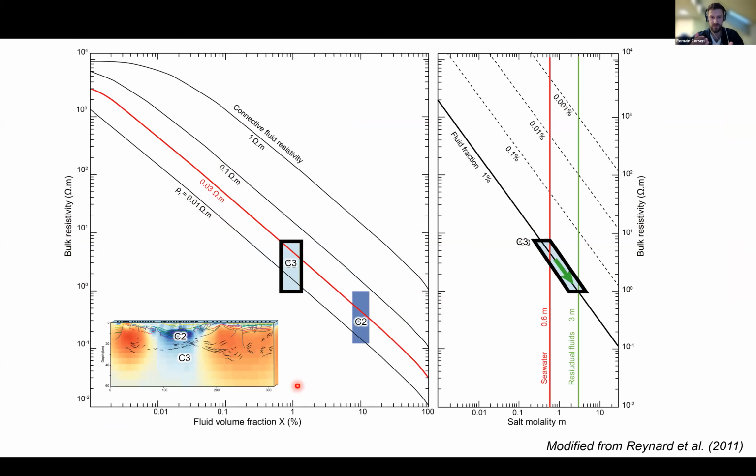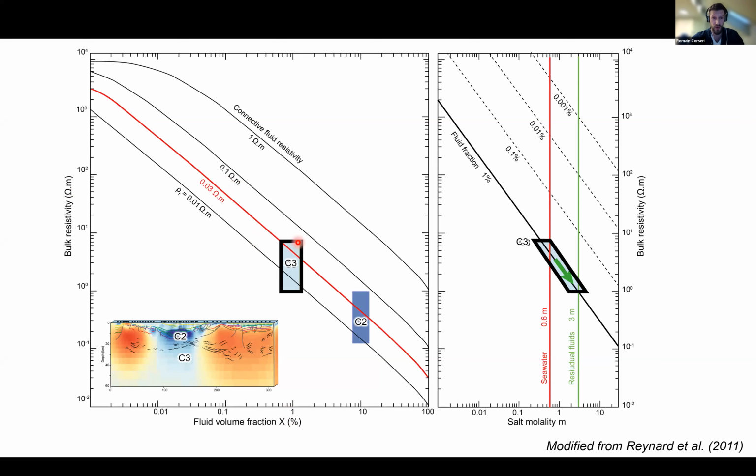We can safely say that around 1% is a realistic estimate. Here you can see this bulk resistivity related to the volume fraction for different types of pore fluids. At upper mantle conditions, seawater is known to be approximately 0.003 ohm meter. That would be the seawater buried at this depth.